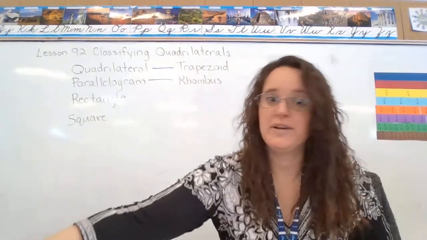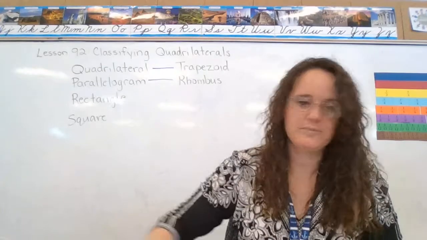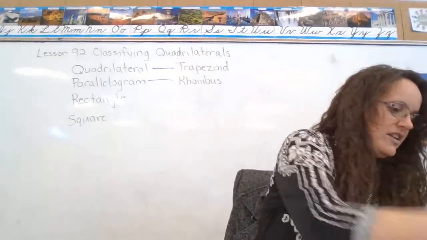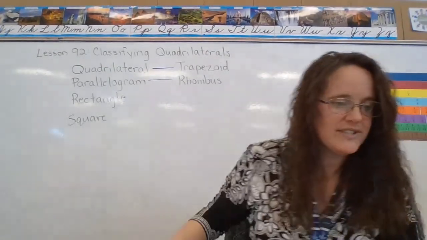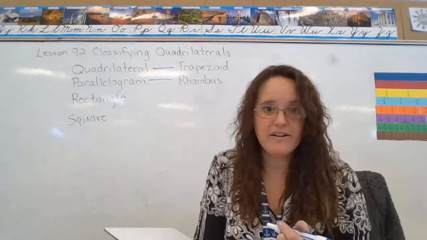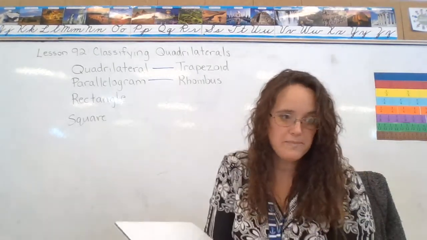Okay, the next one, I have to draw a bunch of shapes. It's another multiple choice. It says, which of the following quadrilaterals has sides that are not parallel or perpendicular?